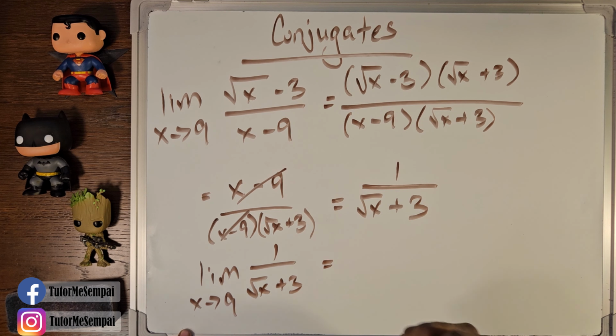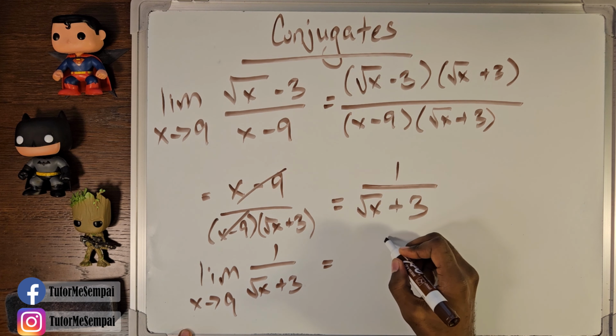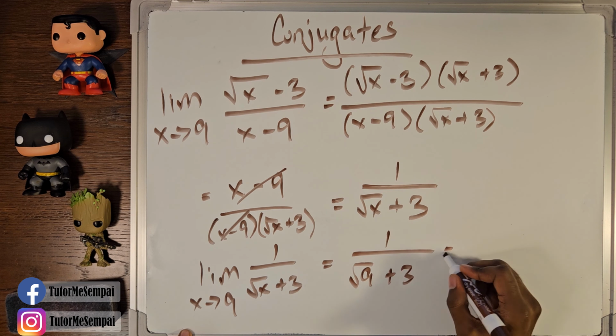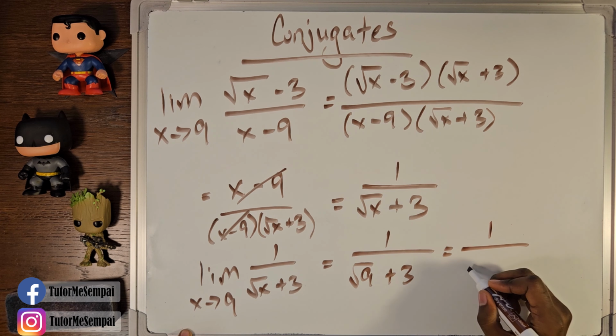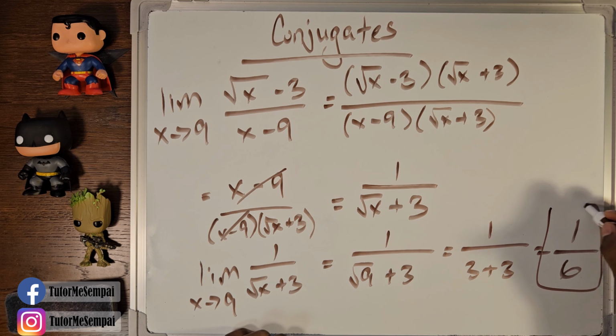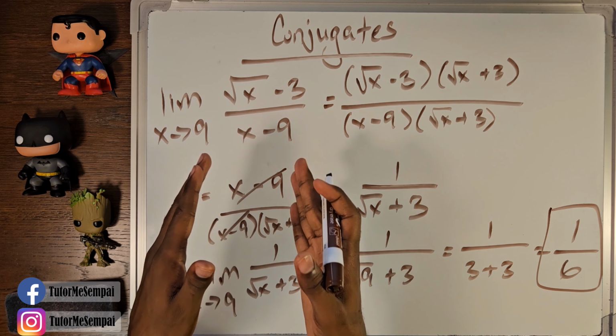And when we do that, plugging in our 9, we're going to get 1 over the square root of 9 plus 3, which is 1 over 3 plus 3, which gives you 1 over 6. So 1/6 is going to be the limit of this function.